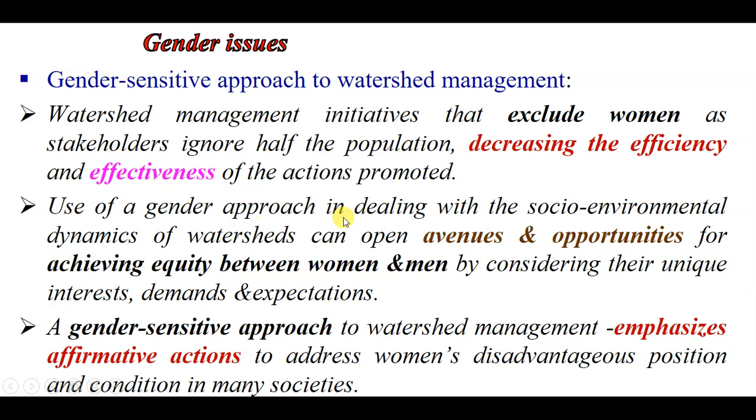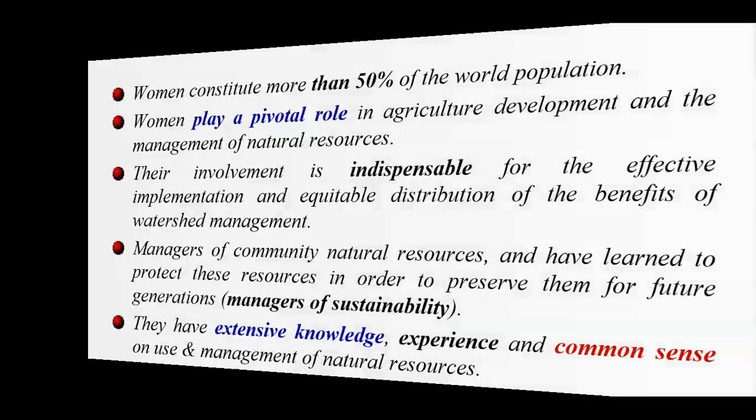Use of a gender approach in dealing with socio-environmental dynamics of watershed can open avenues and opportunities for achieving equity between women and men. A gender-sensitive approach emphasizes affirmative action to address women's disadvantages, position, and condition in many societies. This is gender issues in watershed management.